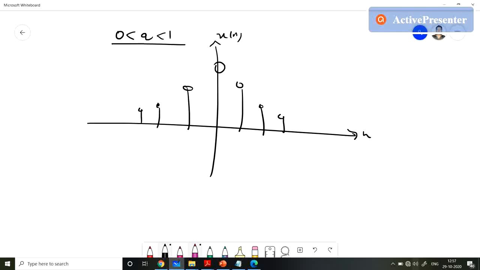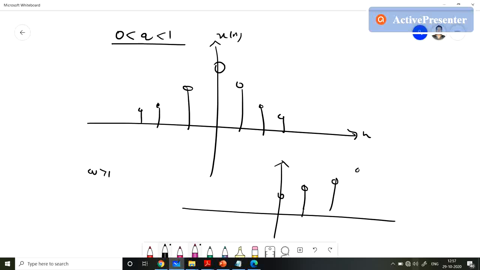If we take another case, that is a greater than 1, then the plot of x(n) is different, and the plot is like this. So this is x(n) when a is between 0 and 1, and this is x(n) when a is greater than 1.